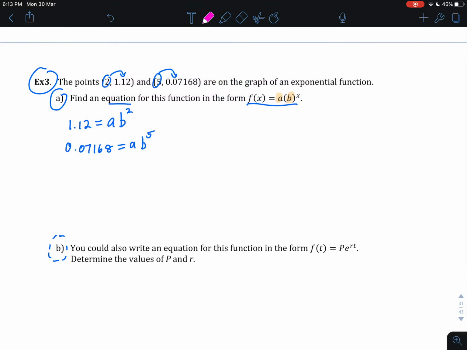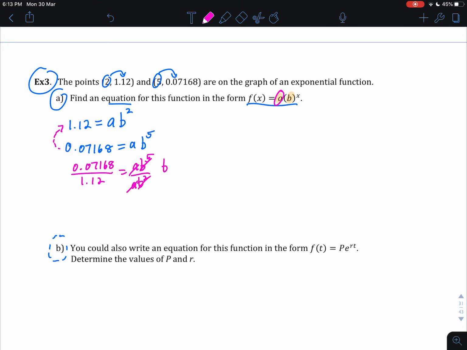And so in this case, what I'm going to do to begin with is I already know that a cannot be 0 and neither can b, and so I don't have to worry about dividing by a variable. I'm going to take my second equation and divide it by the first equation, so 0.07168 divided by 1.12, because that's going to then allow me to have ab to the 5th over ab squared.